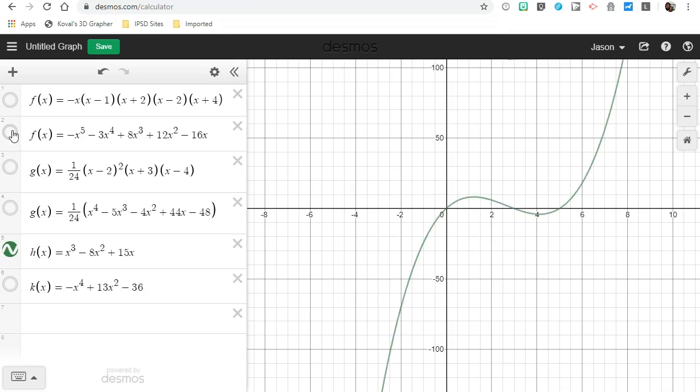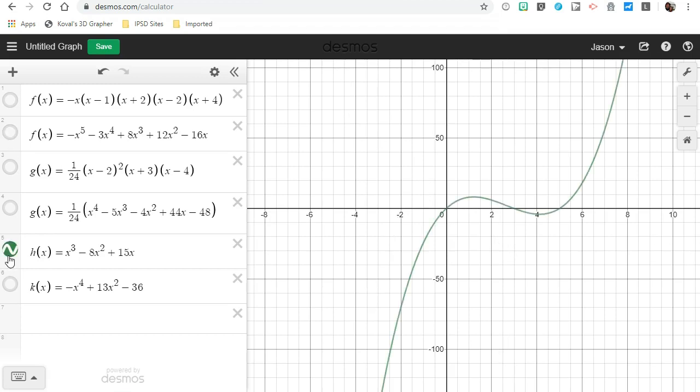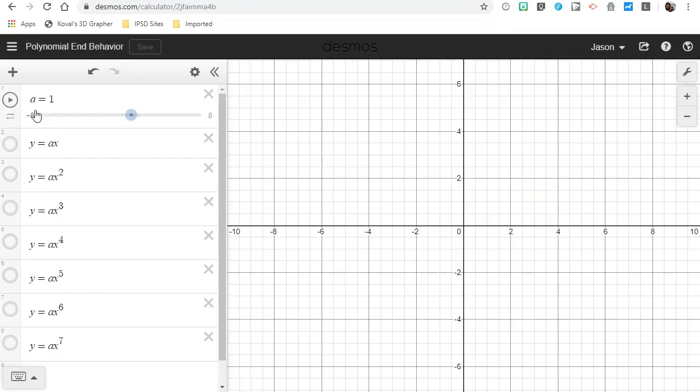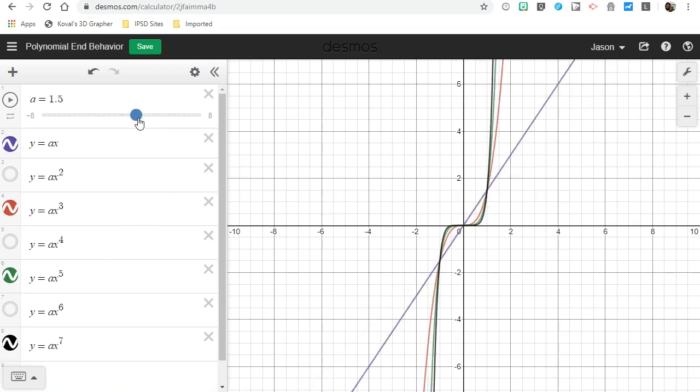So in the first problem, as x approaches negative infinity and x approaches infinity, the y values go in opposite directions. Likewise in the third problem. Whereas in the second and fourth problem, notice that the y values go in the same direction. And that makes sense. I'm going to put all of the odd powers here.